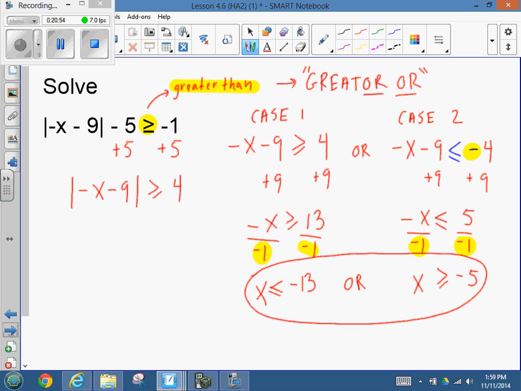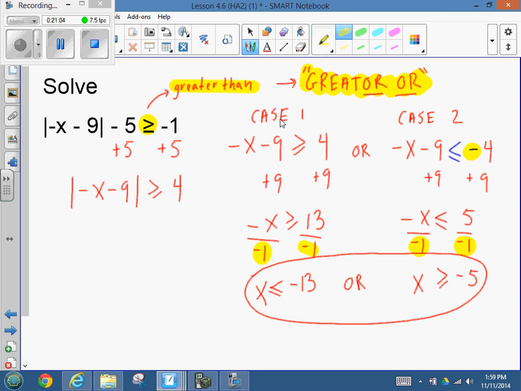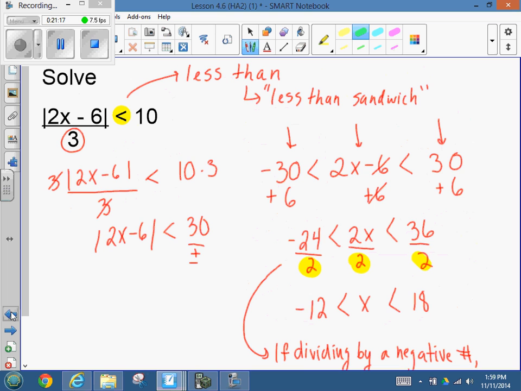Anytime you see a greater than problem, it's going to be a greater or. And you will divide up into your two different cases, case 1 and case 2. Make sure to include your or because your solution will be an or statement. This is different than what we just did on the previous problem. That was a less than problem.